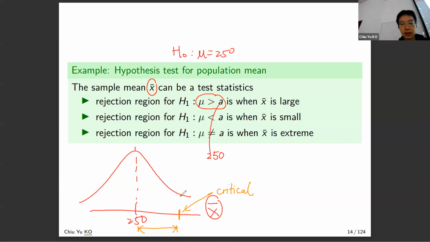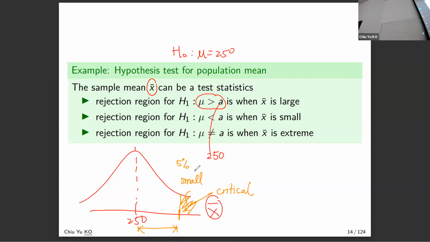We say this area is small, usually 5%. The smaller this area, the further away this is. If this is small enough, then this is far away. Why? That means the probability of this or more is so small that you would think the alternative hypothesis is correct rather than the null.